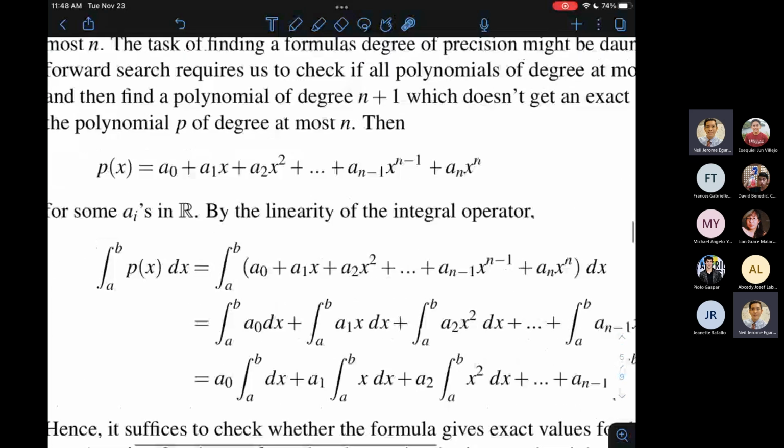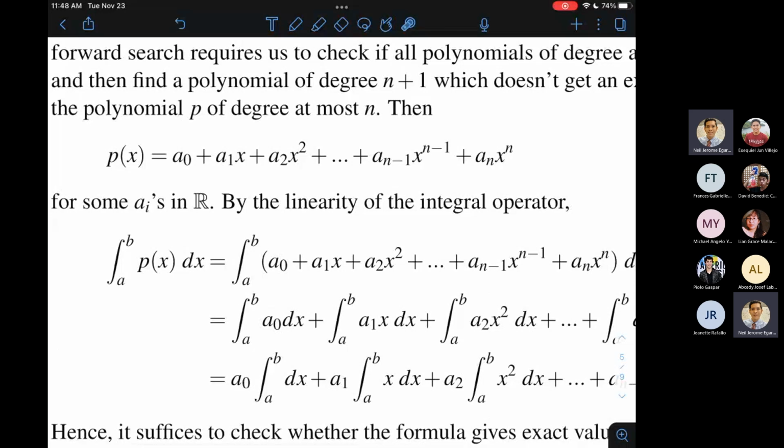So kung gusto nating malaman kung ano ang degree of precision ng isang polynomial, 'di ba dapat eksakto niyang na-integrate lahat ng polynomials of degree n or less, kung siya ay degree of precision n. Pero may isang polynomial of degree n plus 1 na hindi niya eksaktong nabibigay yung integral. Alright?